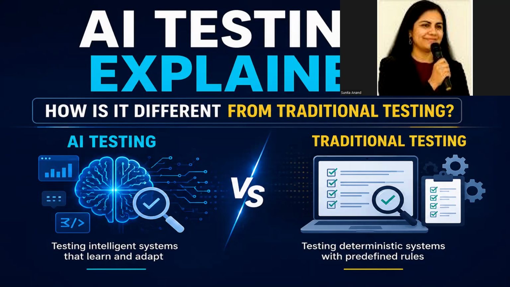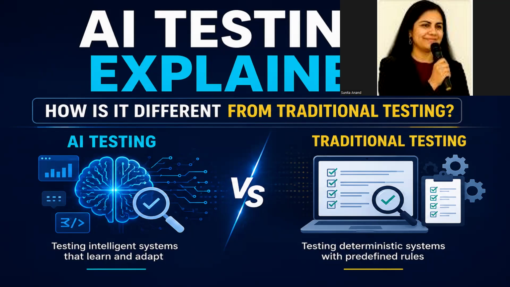And this is the one which is going to help us out to determine the output when we are testing our AI applications. So from this slide, let us understand the difference between AI testing and traditional testing. How is it going to be different from the traditional testing?